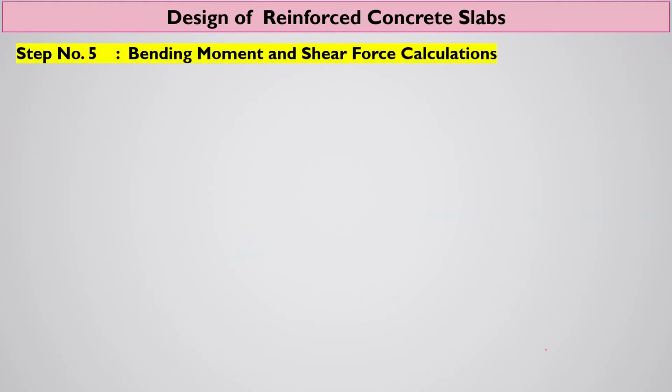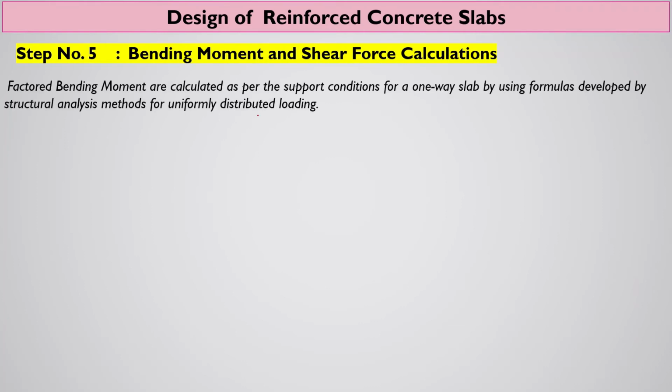Now next step is bending moment and shear force calculations. So factored bending moment can be calculated as per the support conditions for a one-way slab by using formula which we have already developed in structure analysis, when we are using the load as a uniformly distributed load.